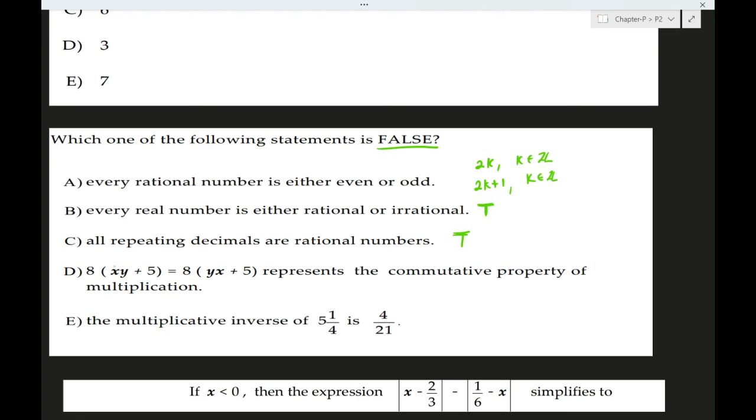Now this one, 8 times (x plus y) plus 5 equals 8 times (y plus x) plus 5. What does it represent? The commutative property of multiplication. Now, is this true?